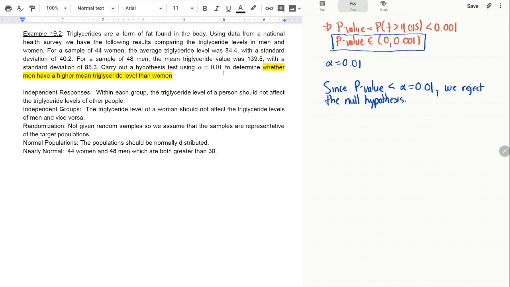Recall that the alternative hypothesis was that the mean triglyceride level for men is higher than the mean triglyceride level for women.